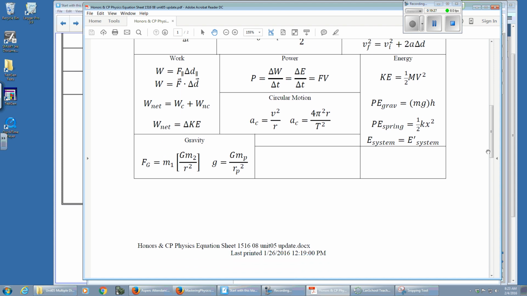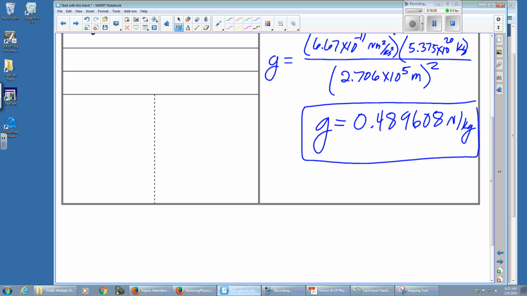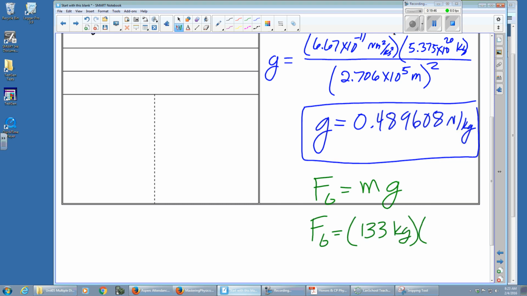So for part B here, F sub g equals, and I'm going to use the truncated formula of it, mg, and just substitute in. 133 kilograms, I think it is. Times, for me, 0.48968 newtons per kilogram.